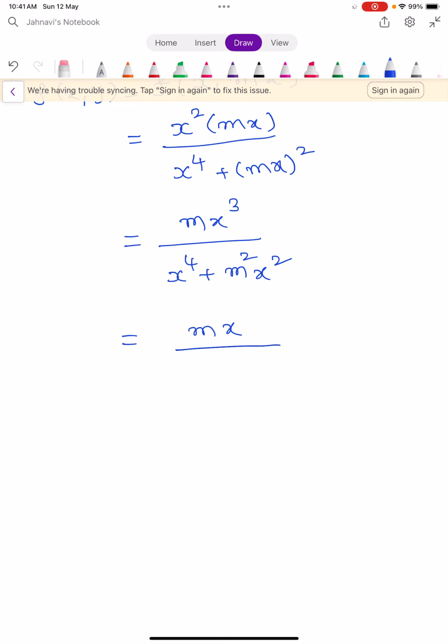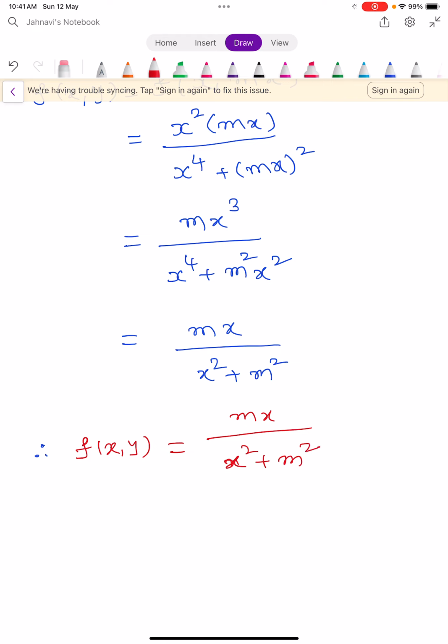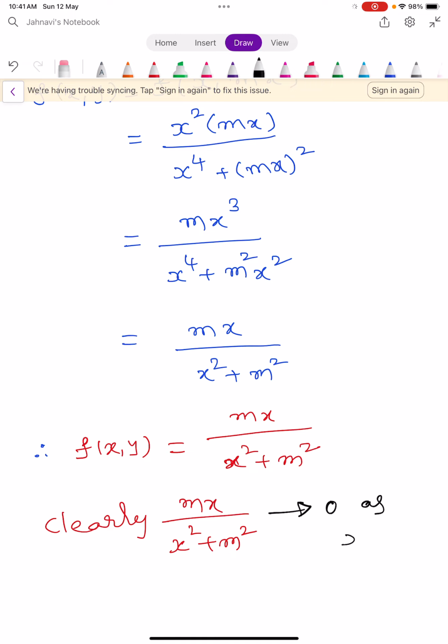You simply get mx by x squared plus m squared. Therefore, f(x, y) is equal to mx by x squared plus m squared. It is very clear that mx by x squared plus m squared tends to 0 as x tends to 0.